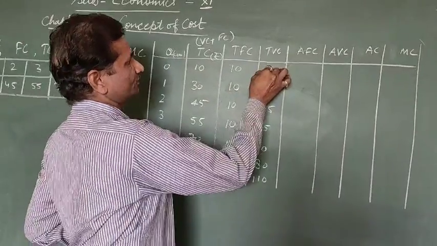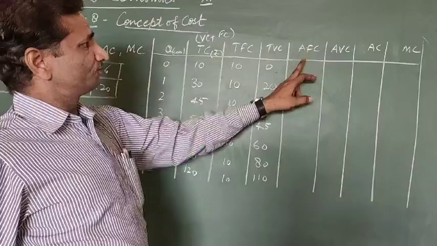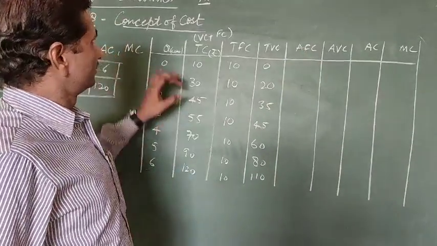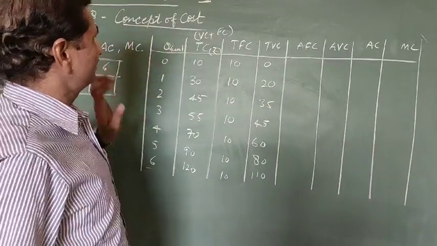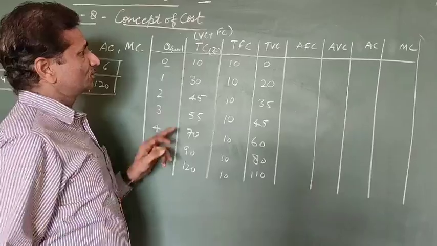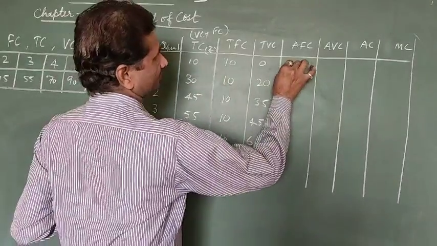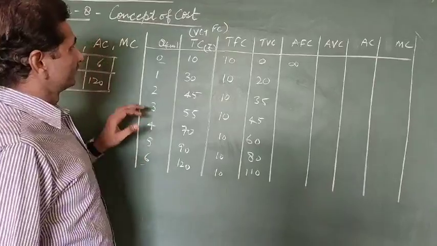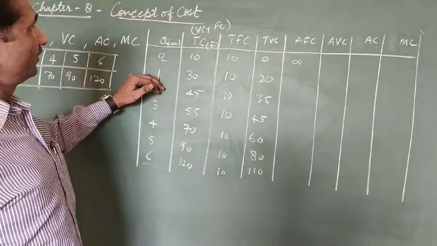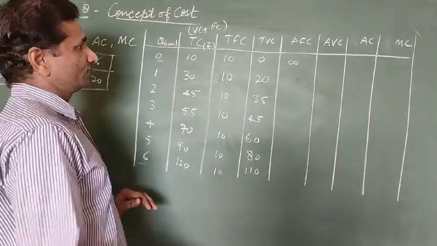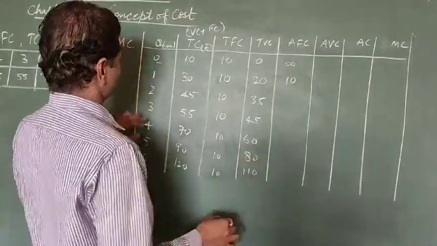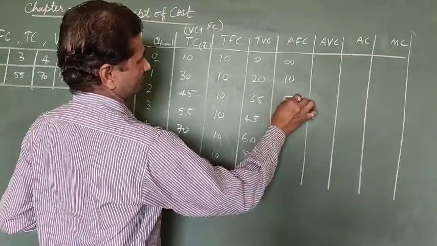Total variable cost is 0. Here we have to find average fixed cost. When the unit production is 0 and total fixed cost is 10, it is infinity. For 1 unit, total fixed cost is 10, average fixed cost is 10. For 2 it will be 5.